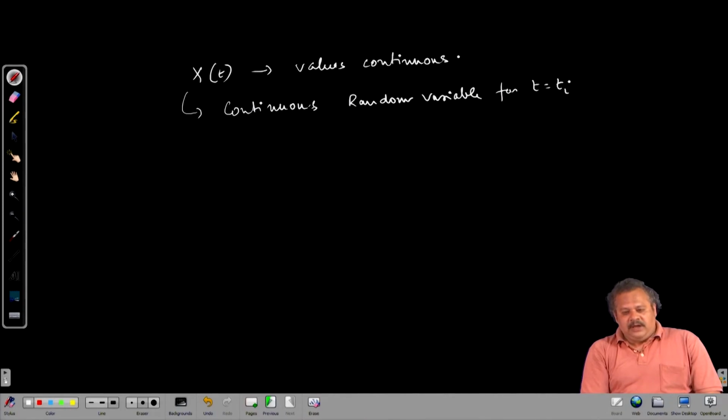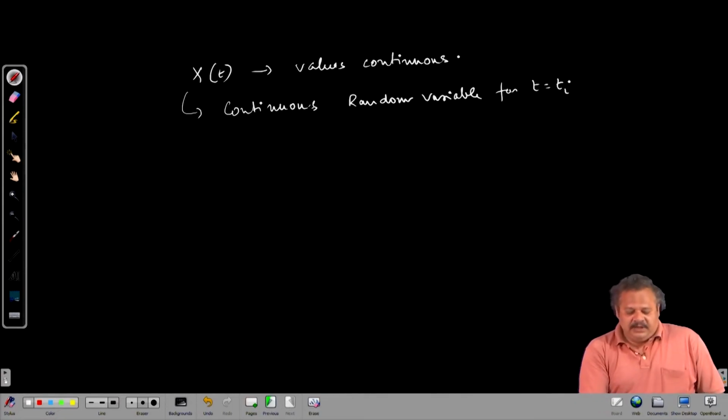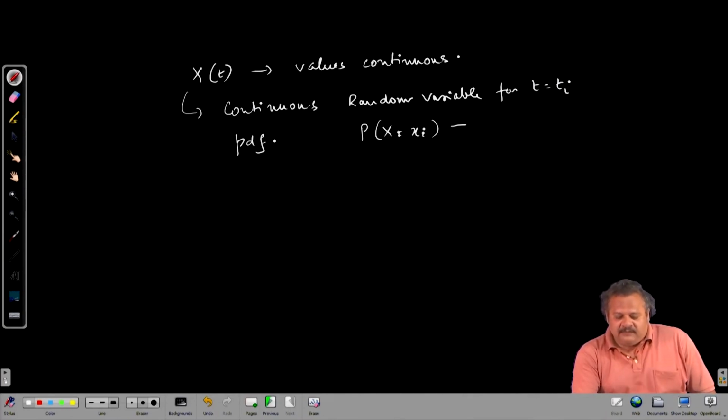And so, when we have a continuous random variable, instead of a PMF, we describe it based on a probability density function or PDF. If, let us say, probability of x that it takes on the value xi, we cannot actually write it for a continuous random variable, this will be 0.